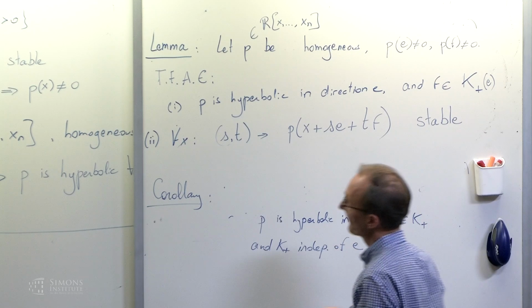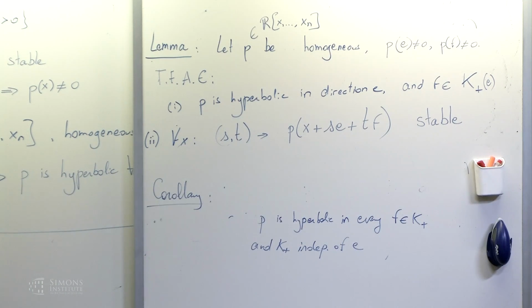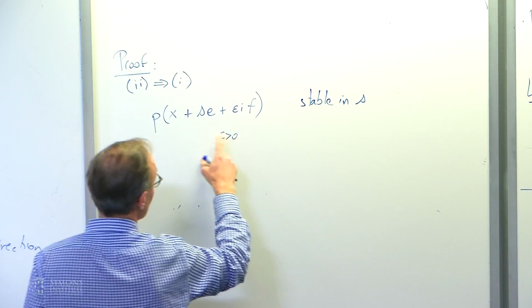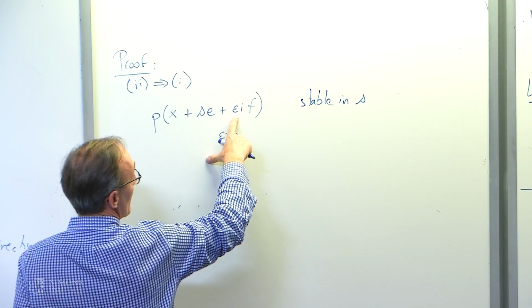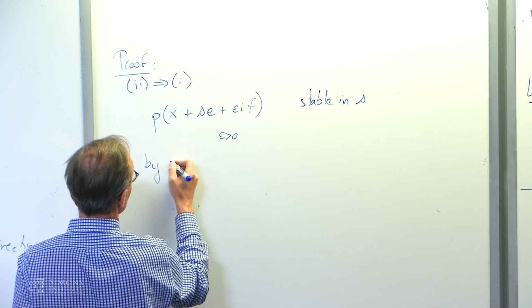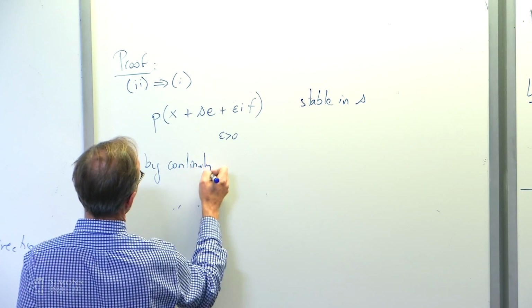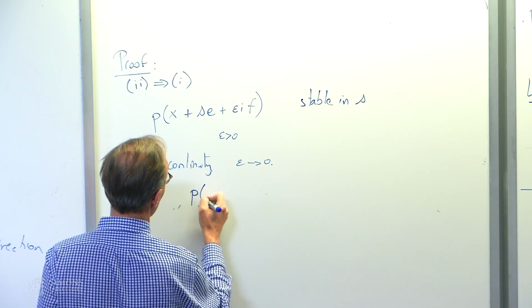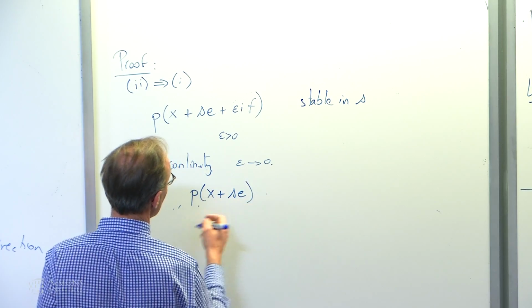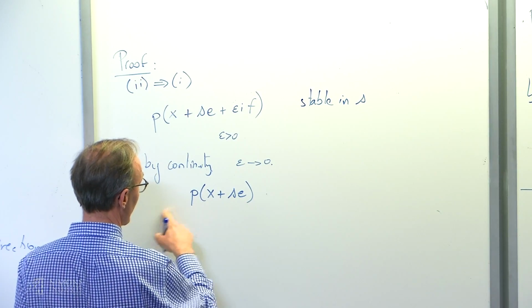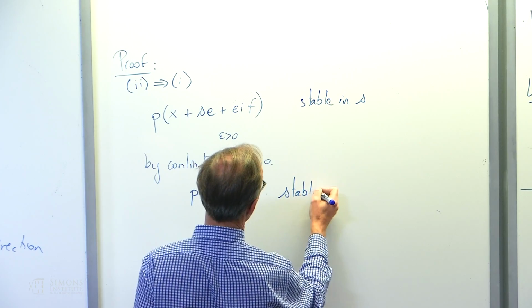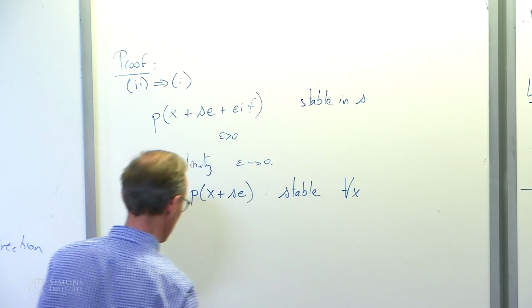So this is stable in S, and since the bicontinuity of the roots, this is also true if epsilon tends to 0. So that means that this polynomial P of x plus sE, as a univariate polynomial in S, is also stable for every x.